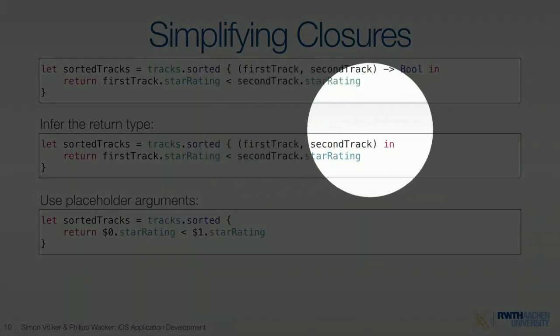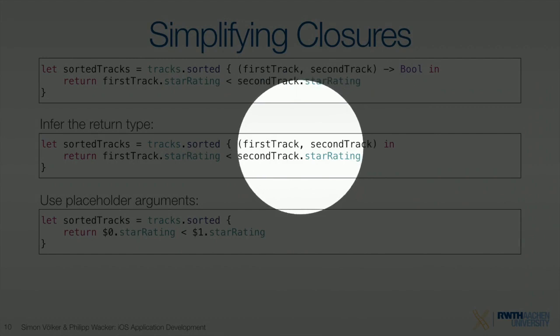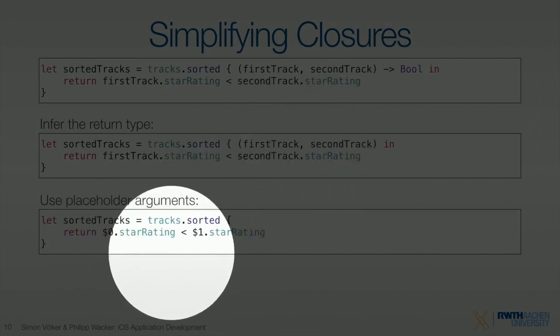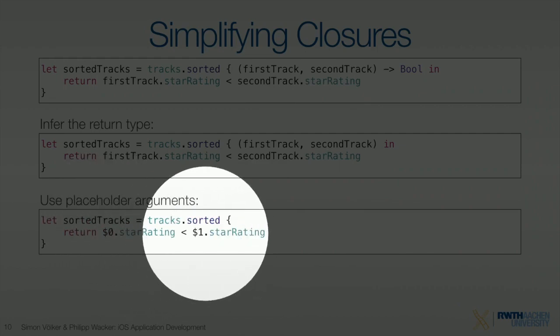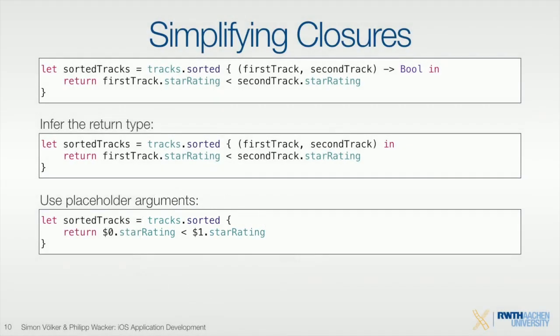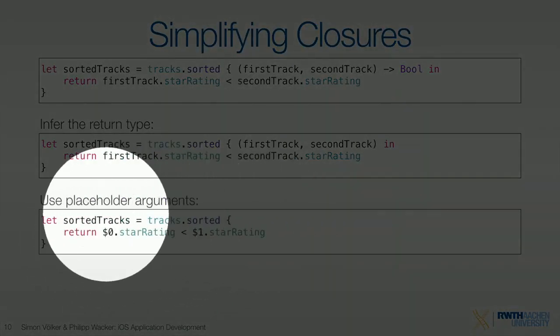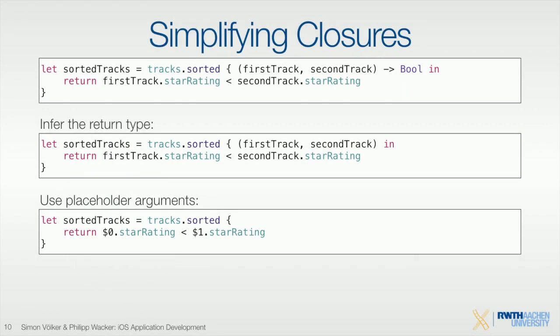So you can drop this part where you specify the names of the parameters and instead just use placeholders $0 and $1. And you don't have any definition there anymore, so you can also drop the in keyword and just have the comparison that you pass over to the sorted method.